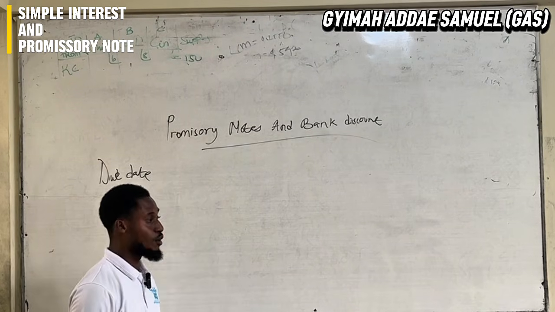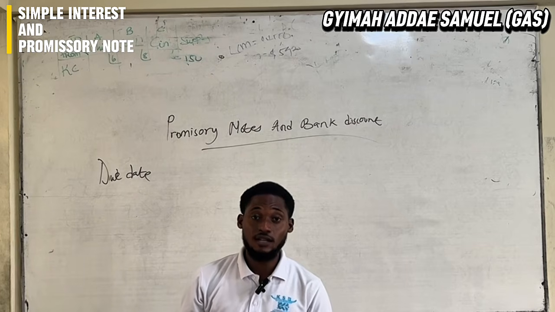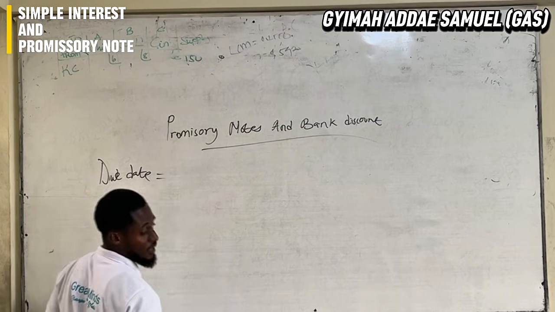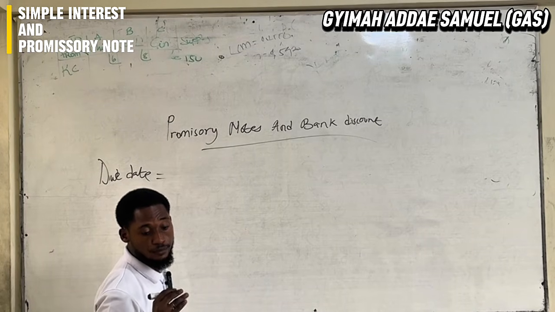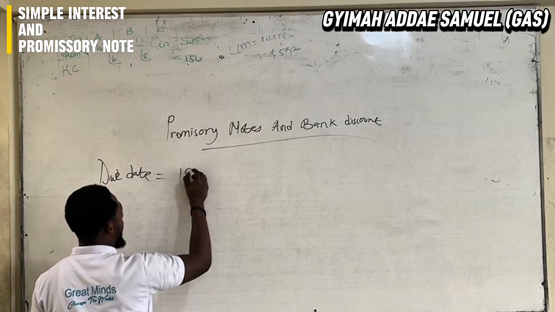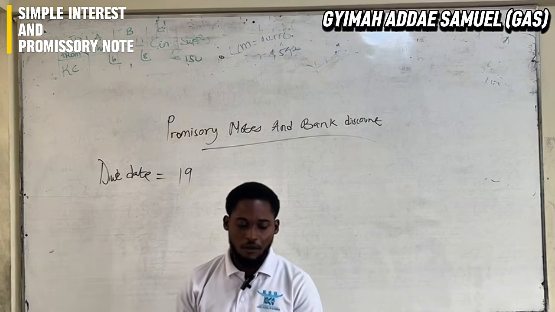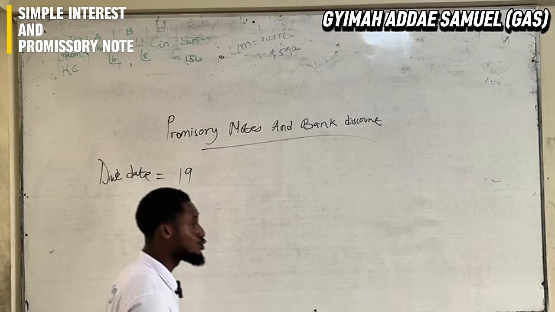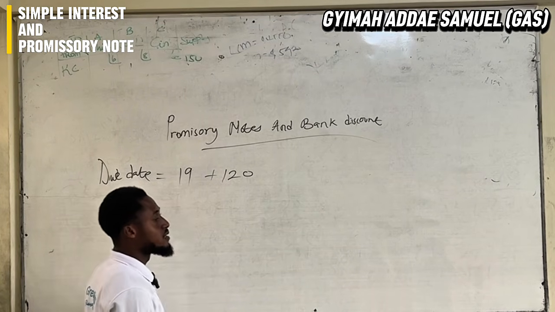So, in order to get the due date, we would have to add the time frame of the 120-day promissory note to August 19th, when the money was borrowed. So you'd have to add the 120 days to the 19th August.